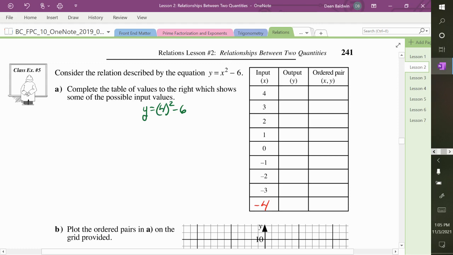Can I go 4 minus 6? Why not? Because of brackets and exponents. What's the rule called? BEDMAS. Brackets and exponents. We have both of them here. Do them first. So you square the 4. What's 4 squared? 4 squared is 16. So I get 10.